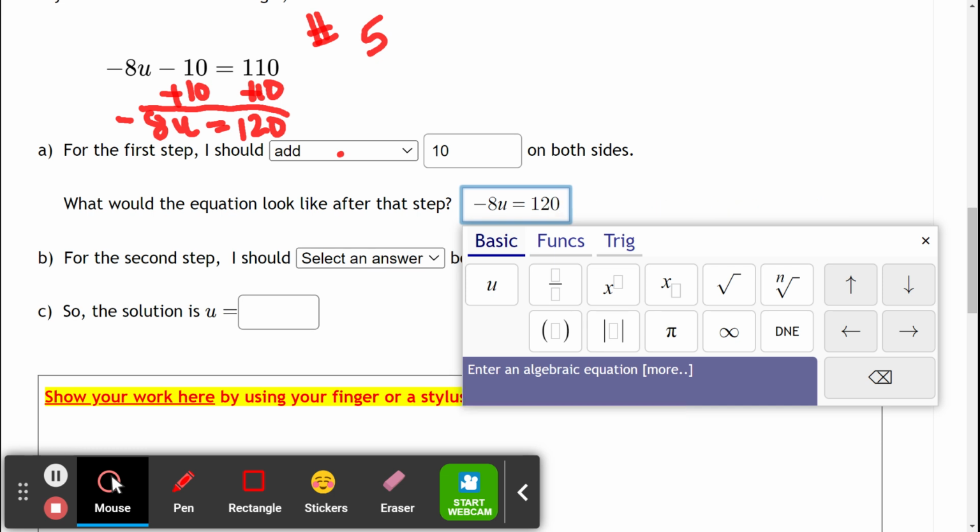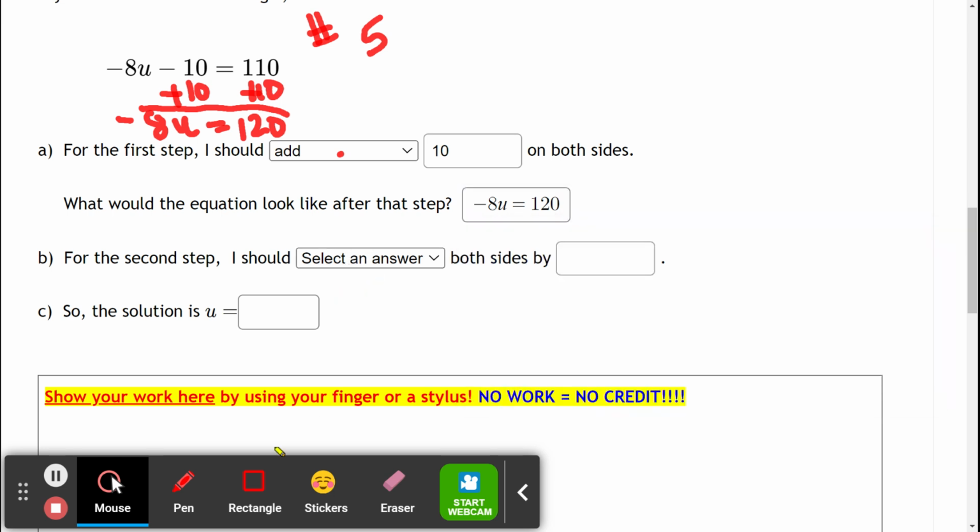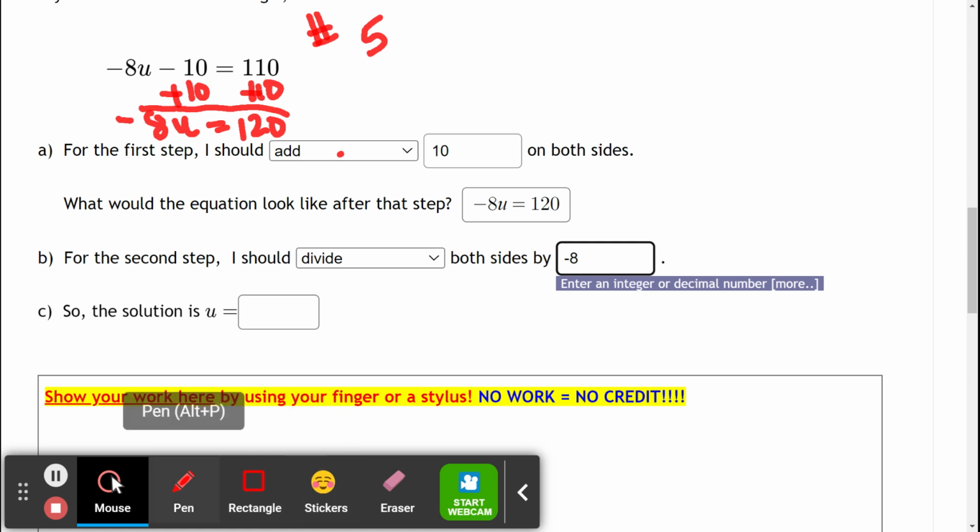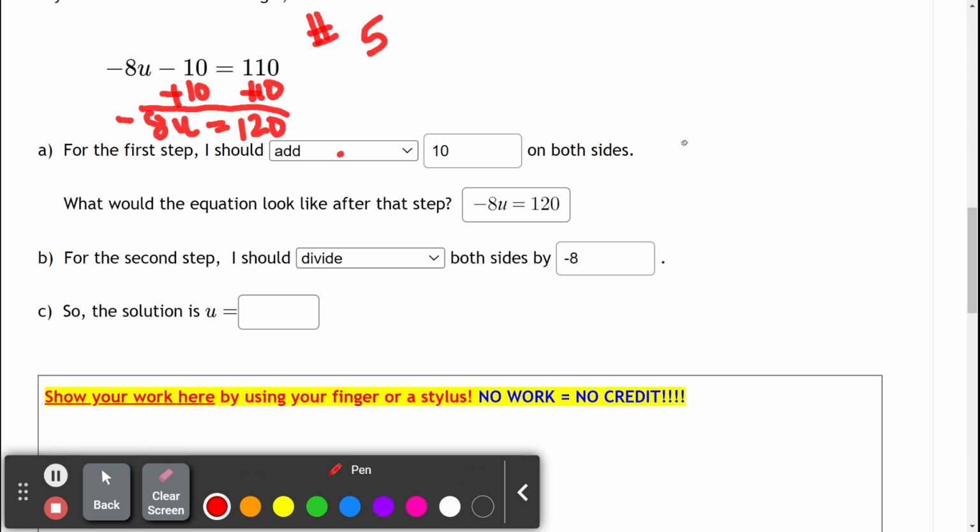For the second step, since that's multiplying by negative 8, then we have to divide. So I have to divide by negative 8. If I have negative 8u is equal to 120, then I would have to divide by negative 8.